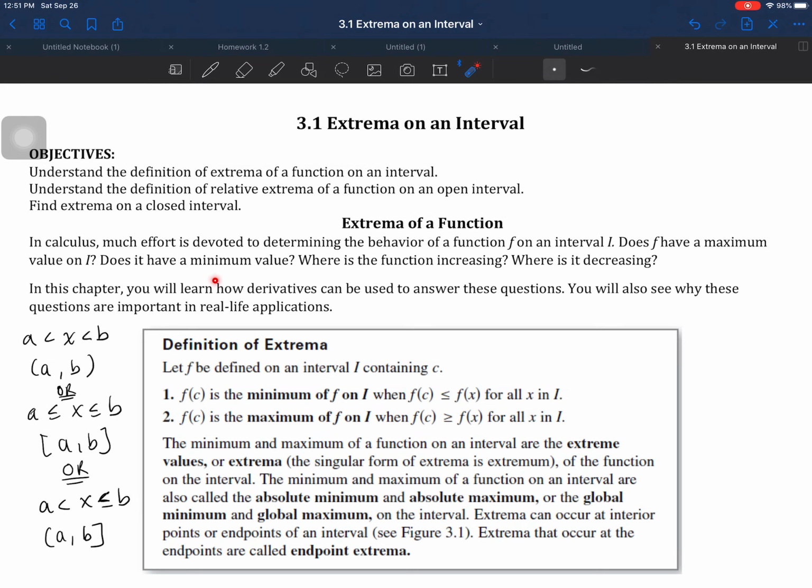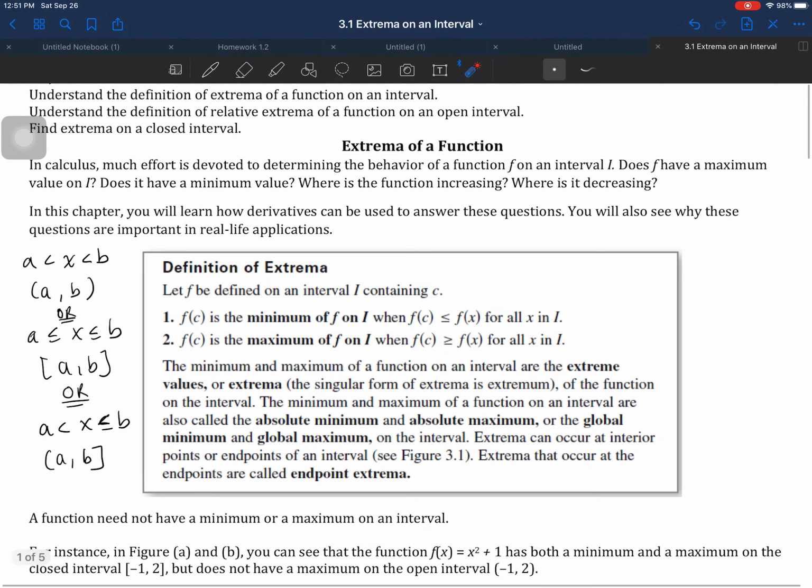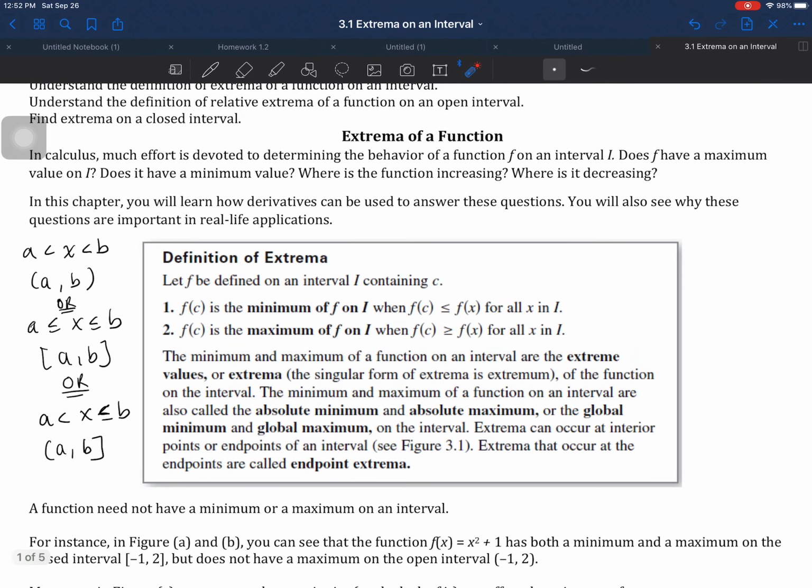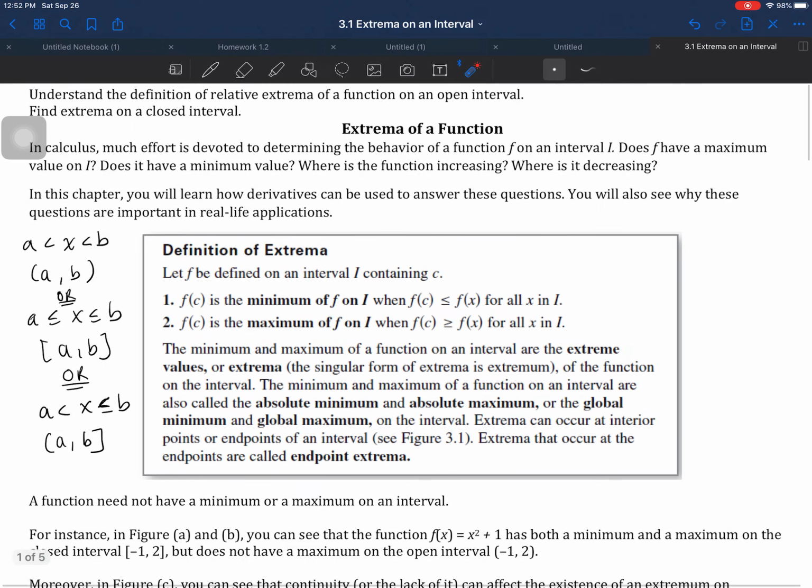Do we have a minimum value? Where does the function increase and where does the function decrease? That kind of behavior is what we're interested in. In this section, we're just going to focus on the maximum and the minimum. We'll discuss the other ones after this section.